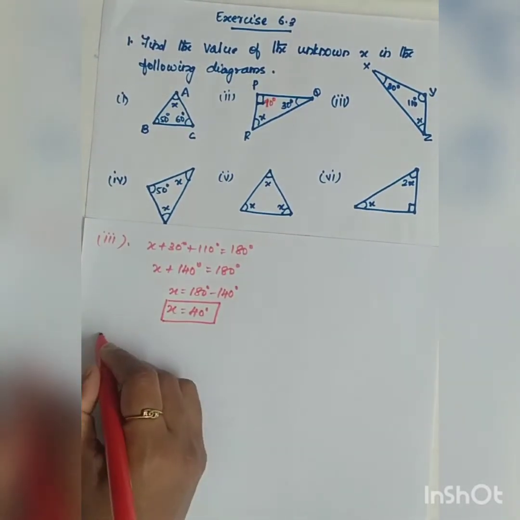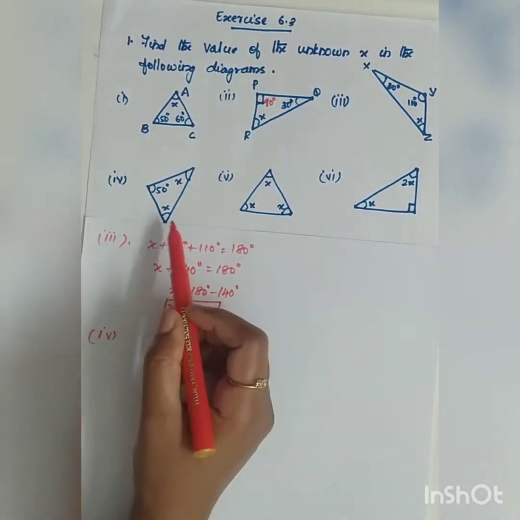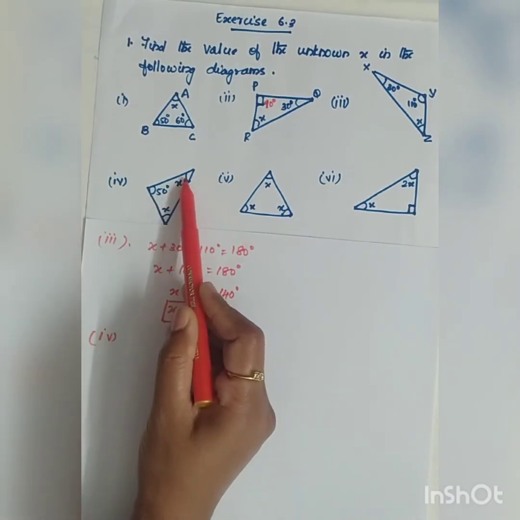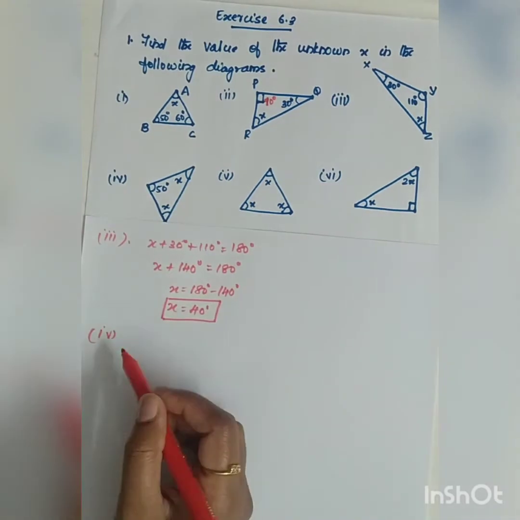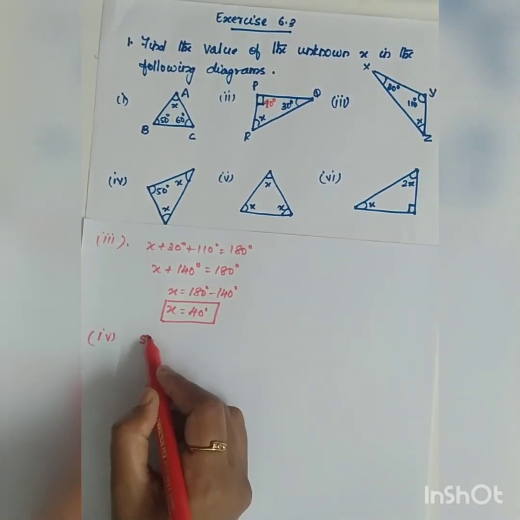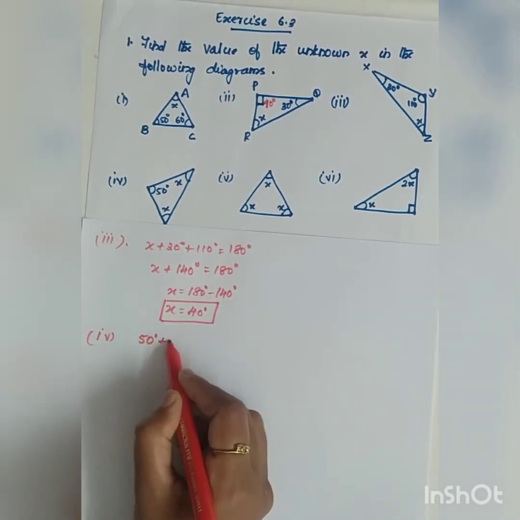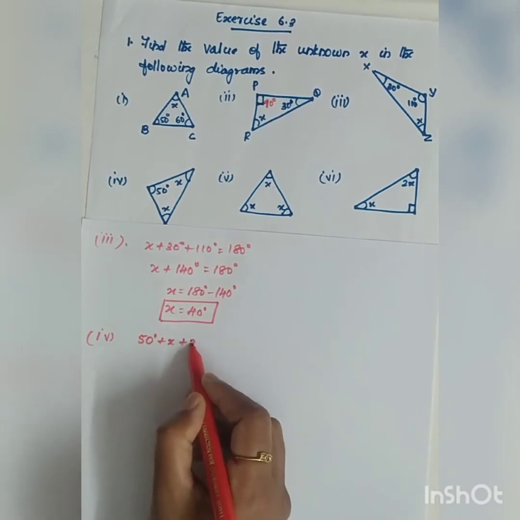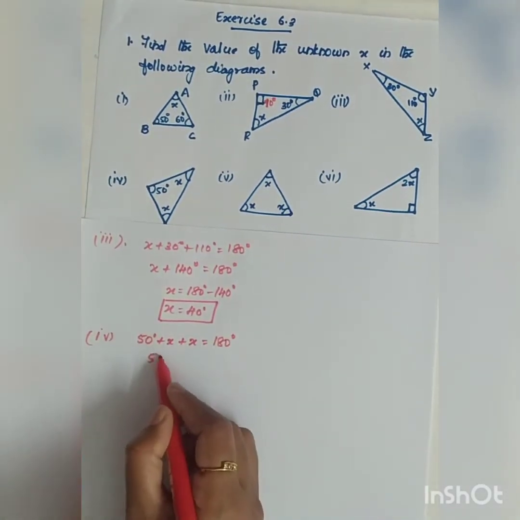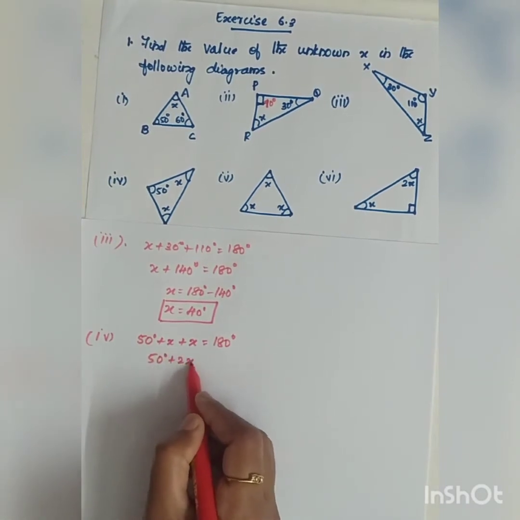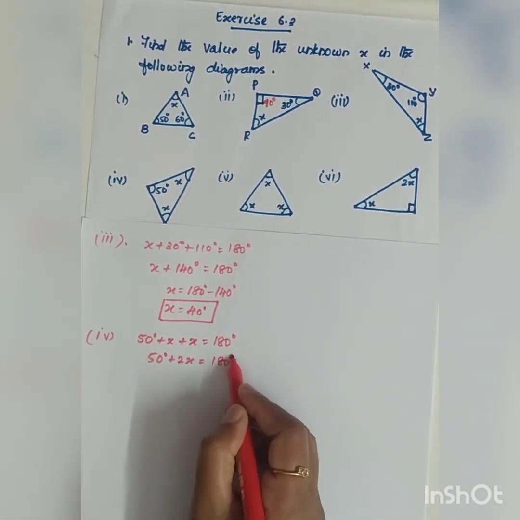So what about the fourth question? In the fourth question also, we have x and x as the interior angles. When we write the angle sum property, 50 degrees plus the second angle x plus the third angle x is equal to 180 degrees. So we can write that 50 degrees plus 2x is equal to 180 degrees.